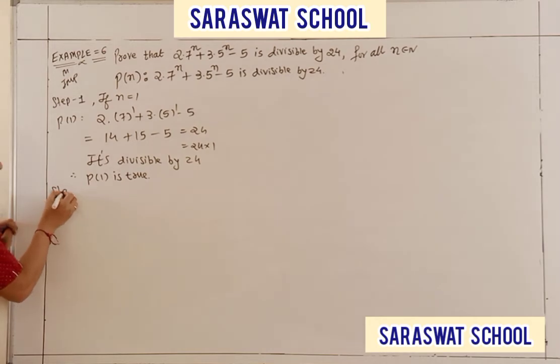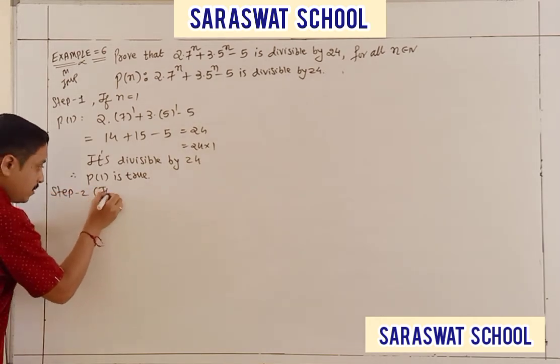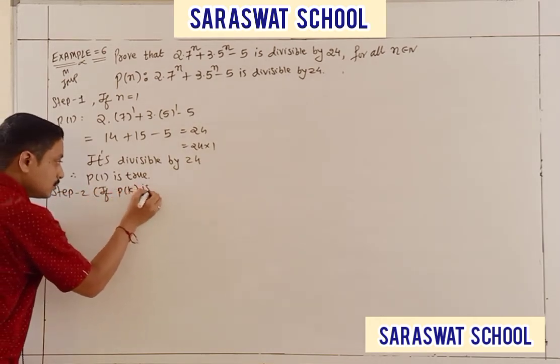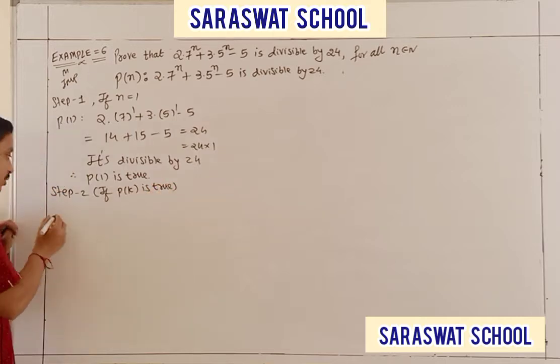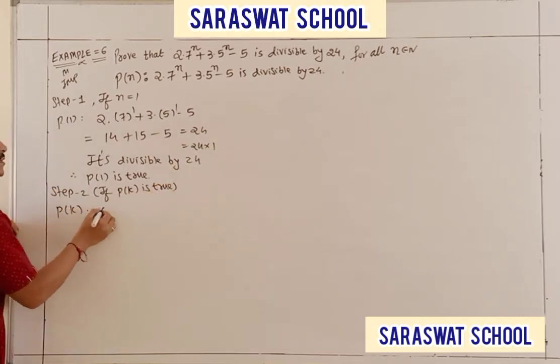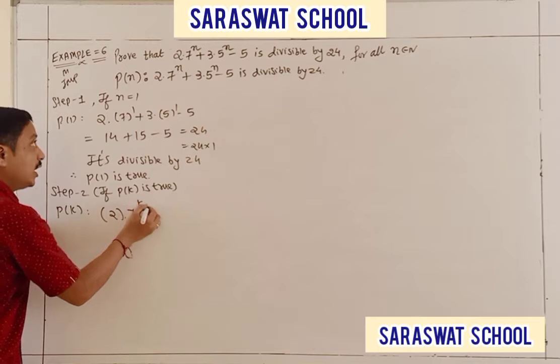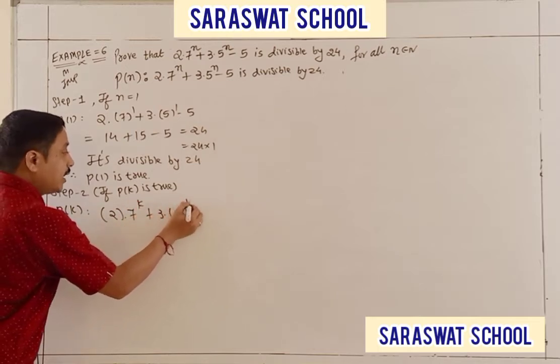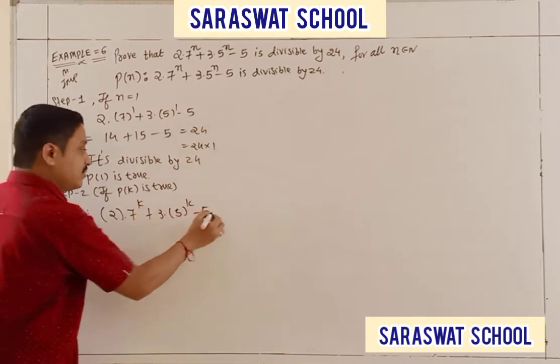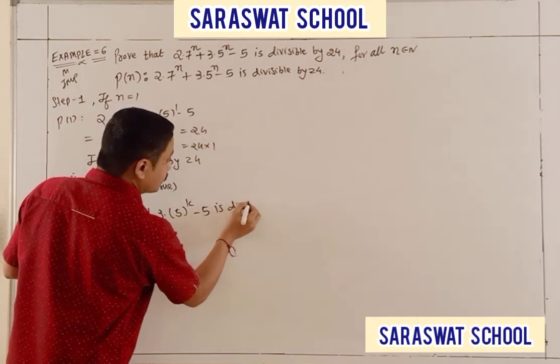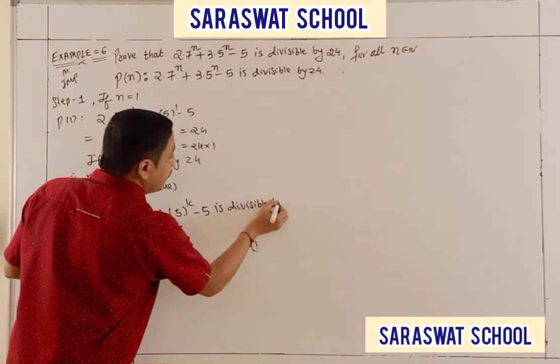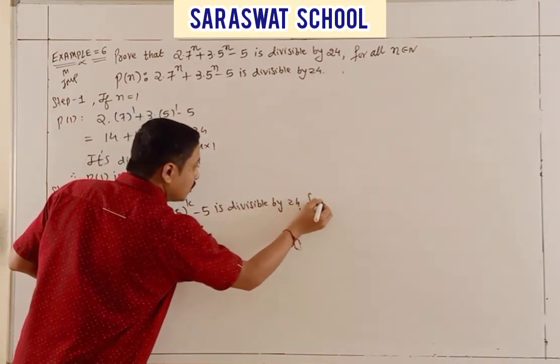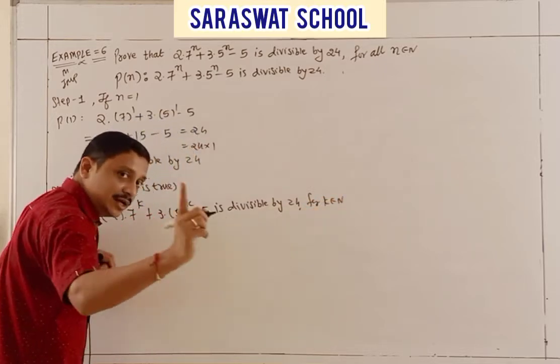Continue to step 2. If pk is true, so what is the p of k? 2 into 7 raised to k, plus 3 into 5 raised to k, minus 5, as written, is divisible by 24 for k belonging to natural numbers.